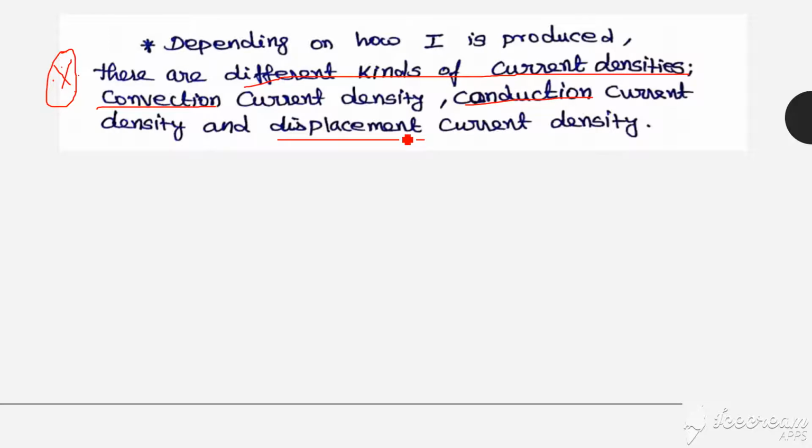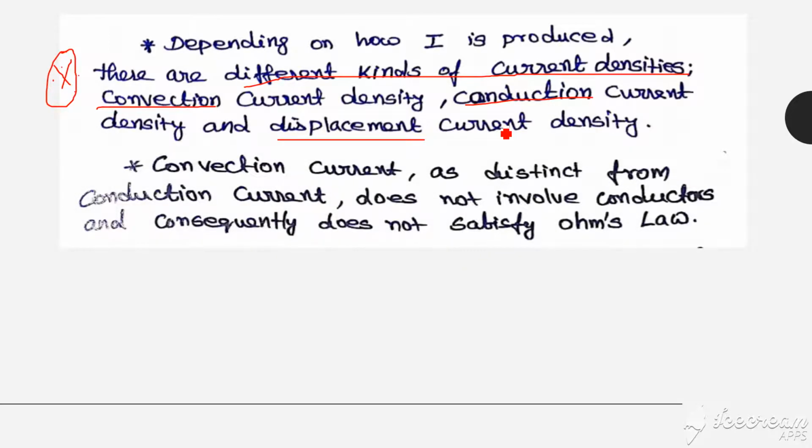Now we will discuss conduction current and convection current. Convection current, as different from conduction current, does not involve a conductor, and consequently it does not follow Ohm's law.